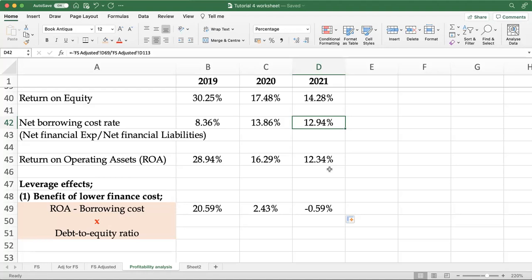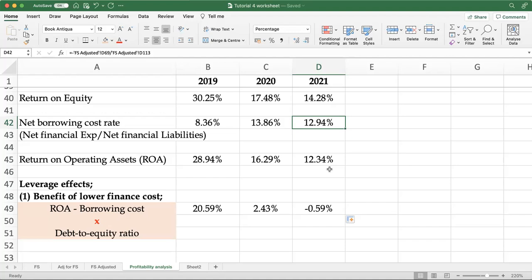So at the end, nothing remains to shareholders, because the entire return generated from operating assets has gone to the lenders, your long-term creditors.